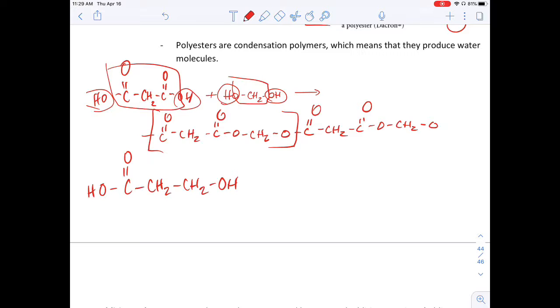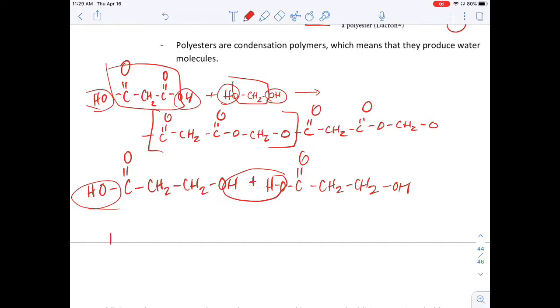And so what's going to happen is that this end is going to bond to the hydroxyl on another one, and this hydroxyl end down here is going to bond to the carboxylic acid end over here. And so this hydroxyl and hydrogen condense out to make a water.